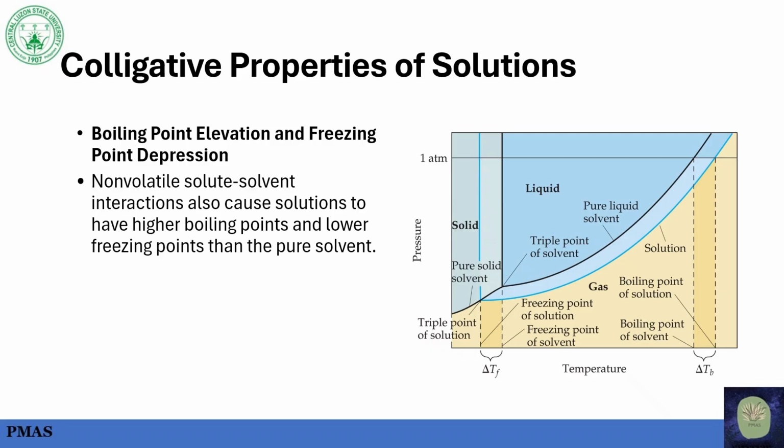Next colligative properties are the boiling point elevation and the freezing point depression. Now, non-volatile solute-solvent interactions also cause solutions to have higher boiling points and lower freezing points than the pure solvent.